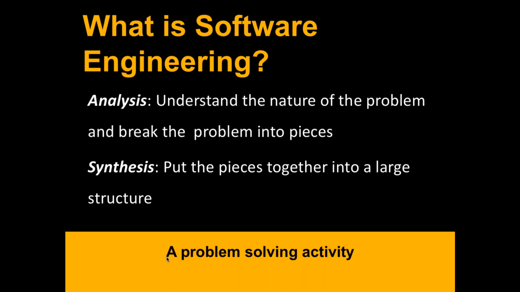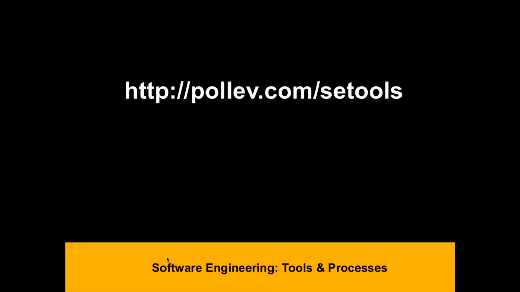Then our goal is to find solutions to those smaller pieces, and then put those pieces together to synthesize and form the larger structure of whatever we are trying to build. So it's a problem-solving activity.